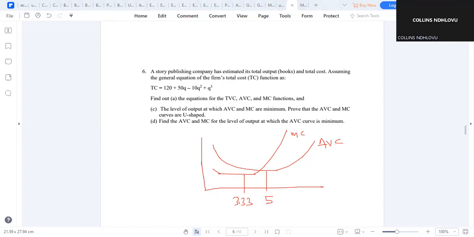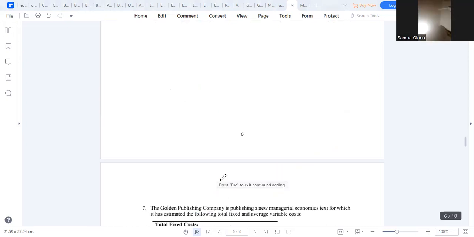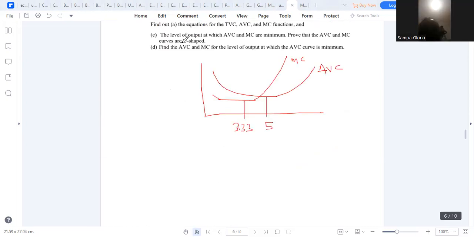All right. So we've also been asked to find AVC and MC for the level at which our AVC is minimum.